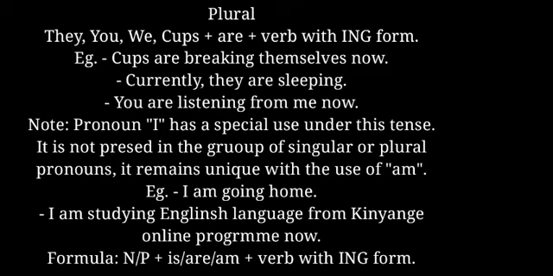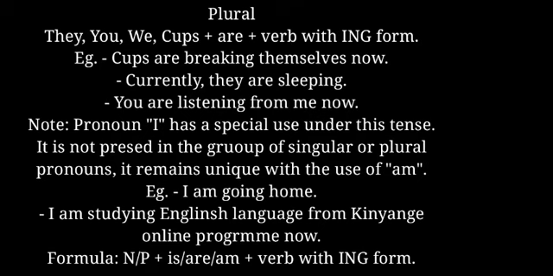I am studying English language from Kinyange online program now. I has its own unique auxiliary verb, that is am, under this present continuous tense. Don't say I are going or I is going.